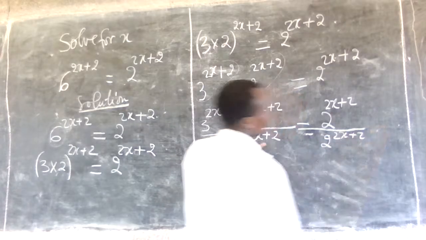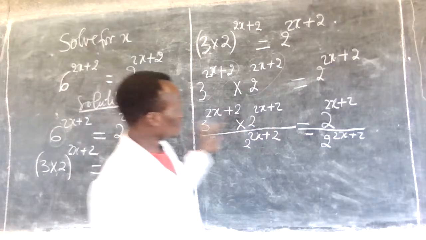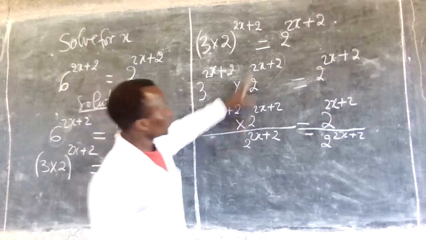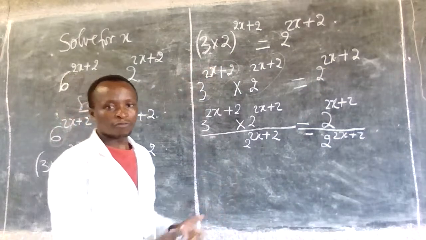Now it is how to solve this one, because these two factors are similar. You have to divide it to both sides.